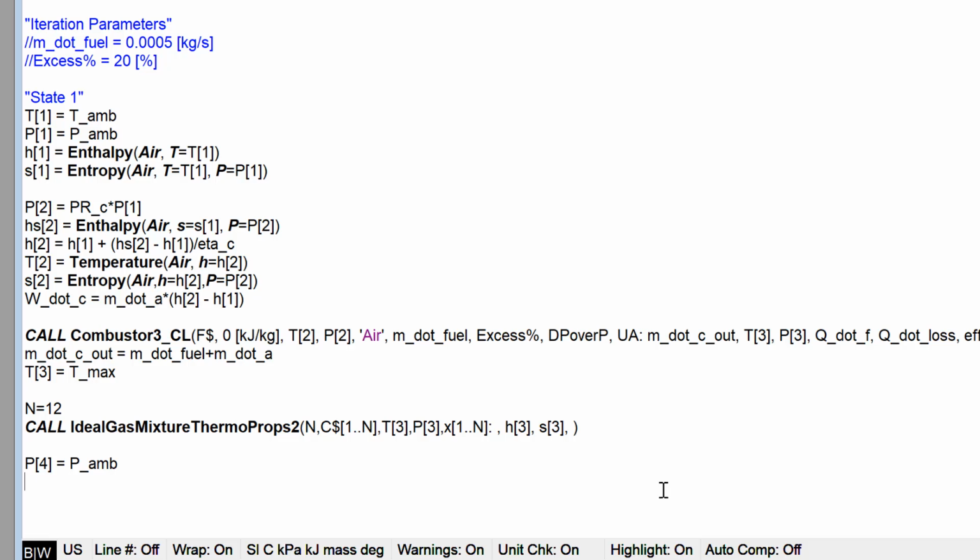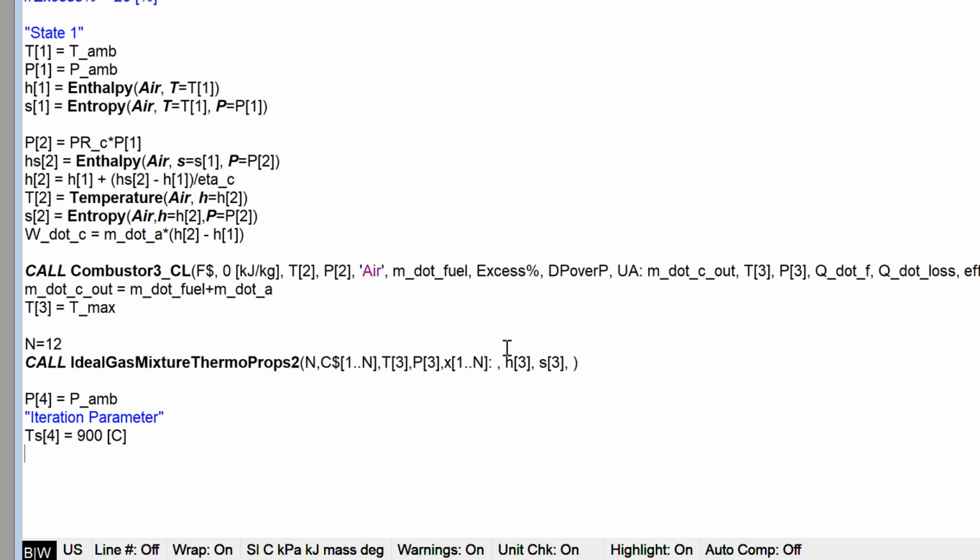So again, I have an iteration parameter, so probably I should label that as such, iteration parameter, and that iteration parameter is going to be, let's call it TS4. It can start out at whatever you want. You're going in at 1200, so coming out at something like 900 seems reasonable. And now let's call the ideal gas mixture property again.